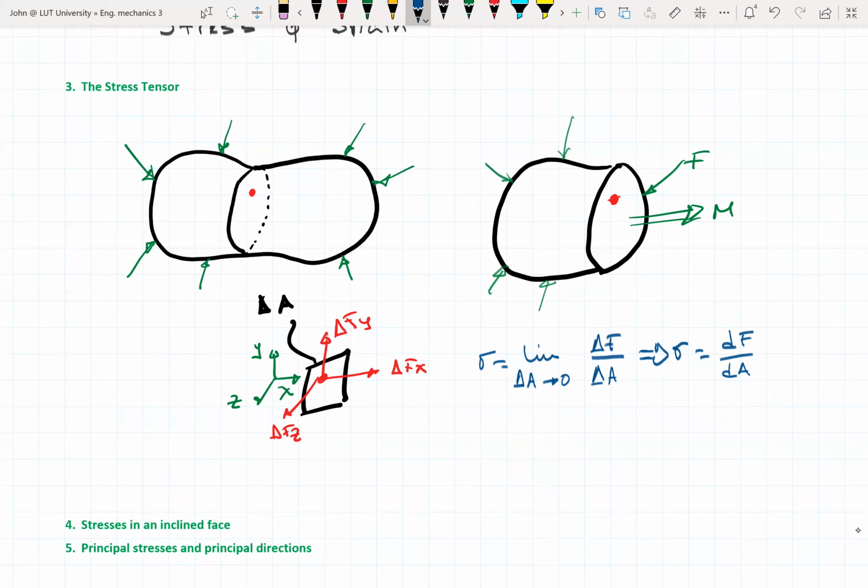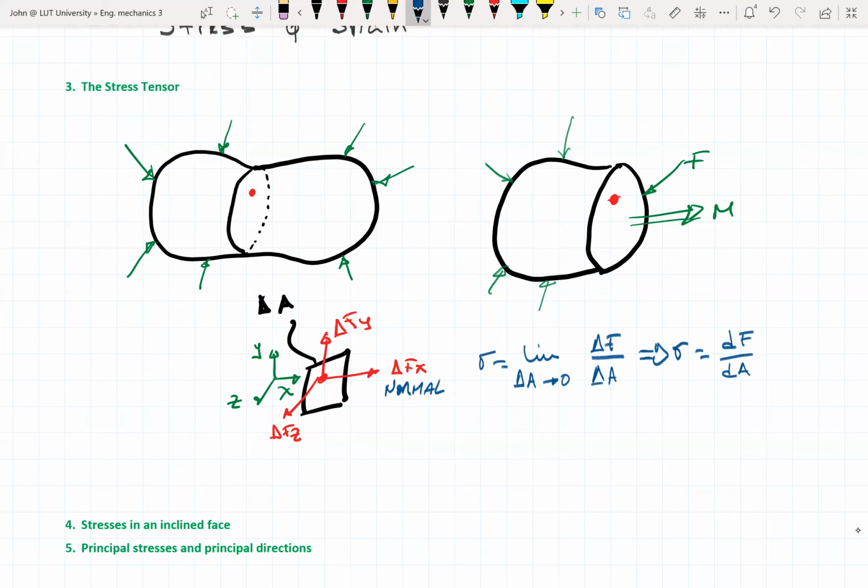This is in the general way, but if we're talking about the different components, then we can do the differentiation saying that if I consider that the delta fx, or the force in the x direction, is normal to the plane, and these ones are on the plane, kind of tangential to the plane, I can name the stresses caused by these three forces.